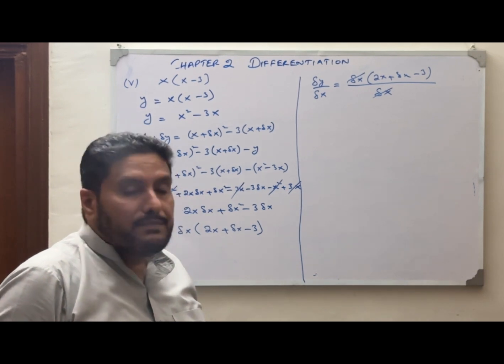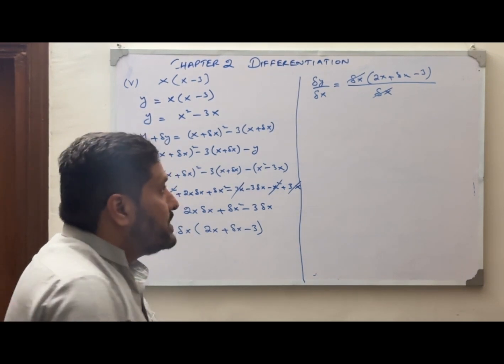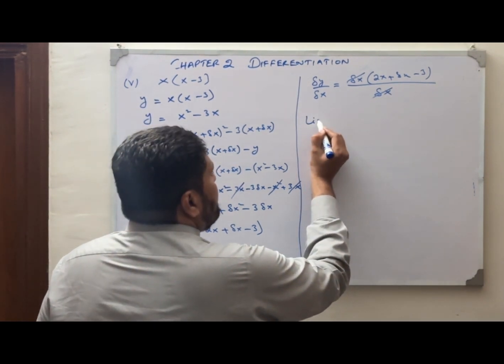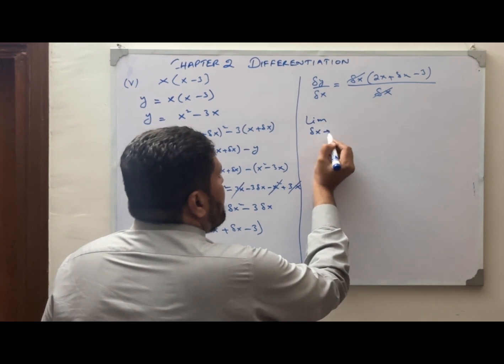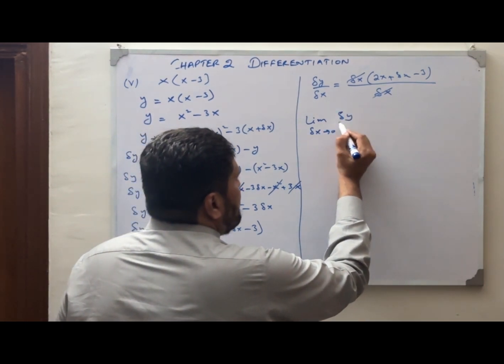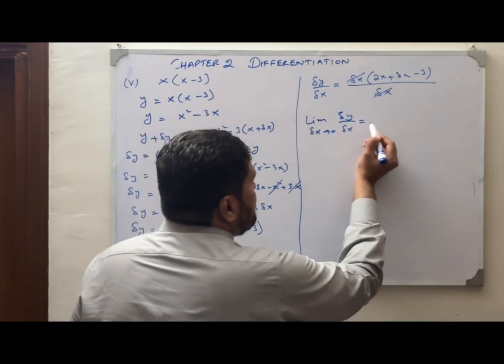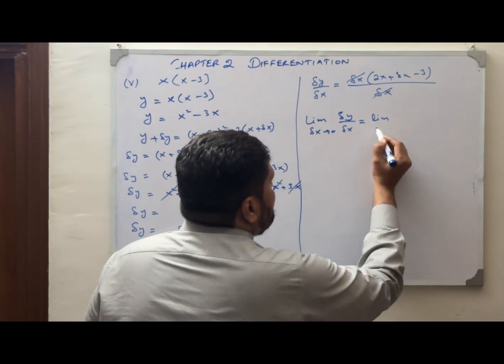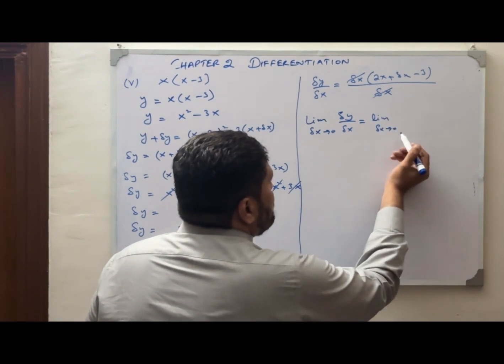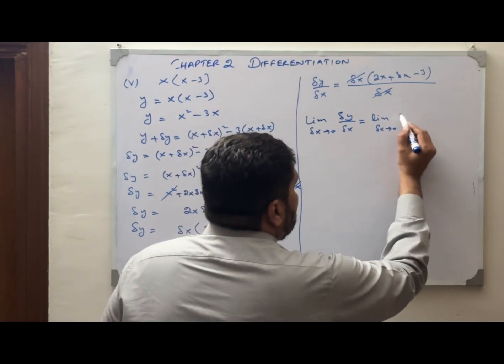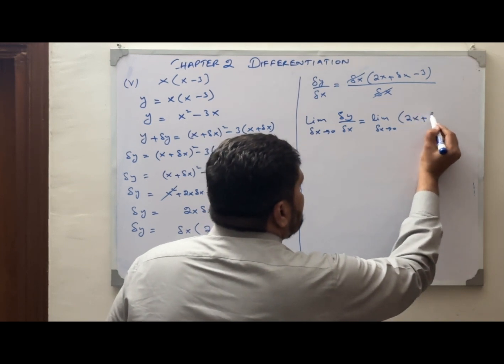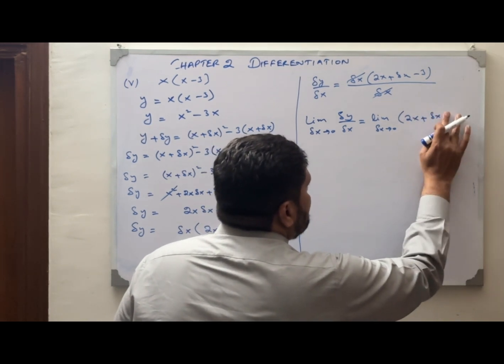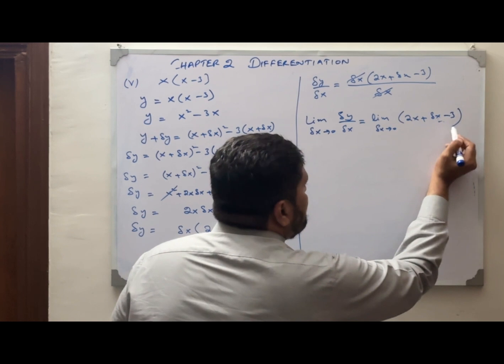Then at the end, by applying the limit on both sides of the equation, we have limit delta x approaches 0 of delta y by delta x, which is equal to limit delta x approaches 0 of this whole function, 2x plus delta x minus 3.